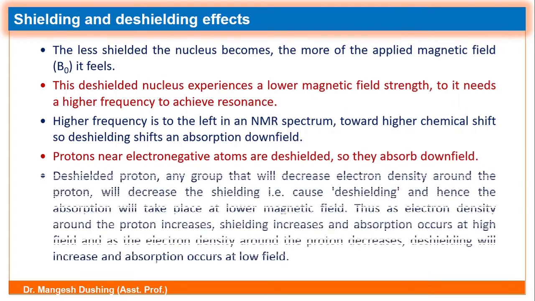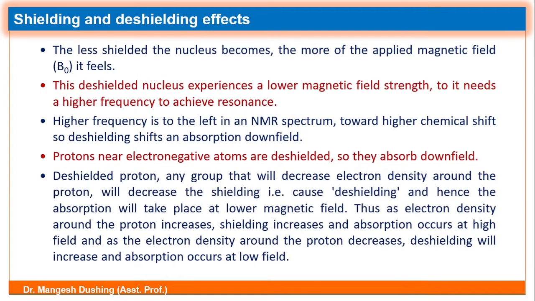Any group that decreases the electron density around the proton will decrease the shielding. That is the cause of de-shielding, and hence the absorption will take place at lower magnetic field, that is down field.